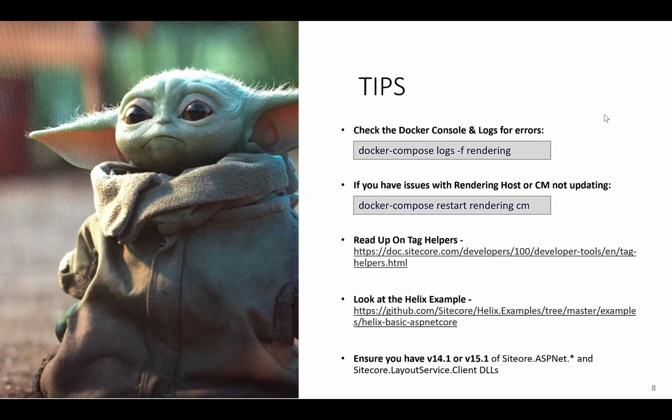If you are having any issues with the rendering host or the CM not updating, then you can use docker-compose restart rendering CM. So the reason you want to restart both of them, when you restart just the rendering on its own, if you want to use the CM with Experience Editor, it can cause some issues because Docker can assign it a new IP address. So the best bet is to restart the rendering and CM together in one go.